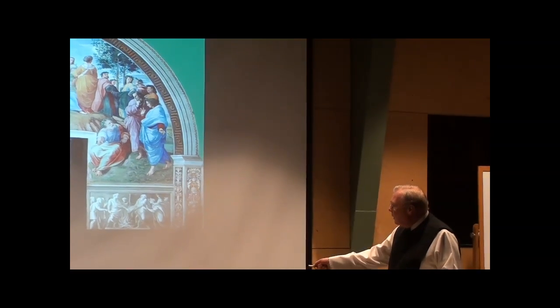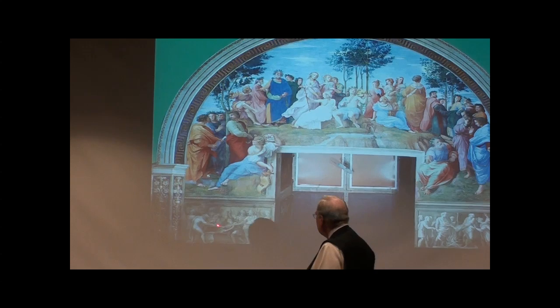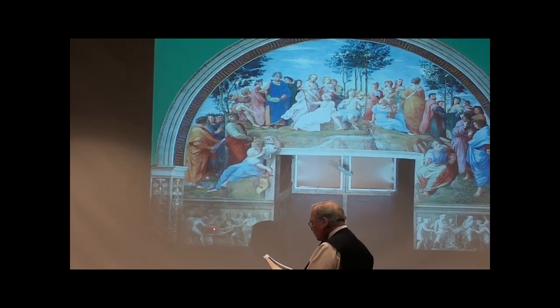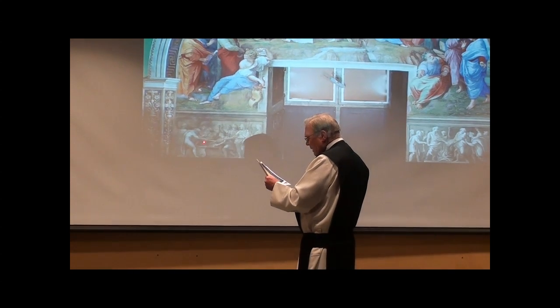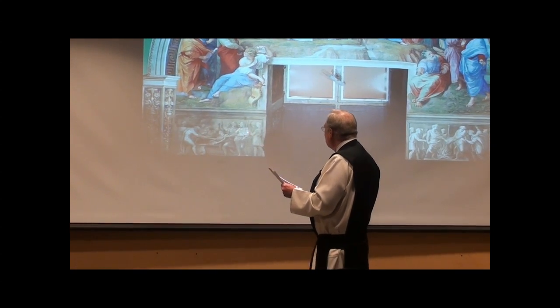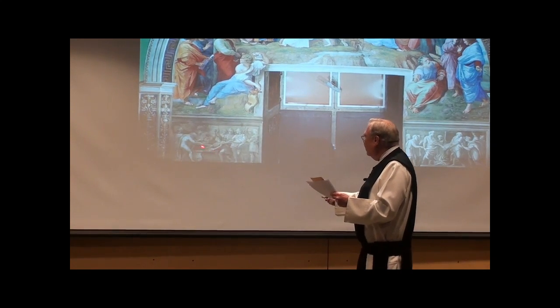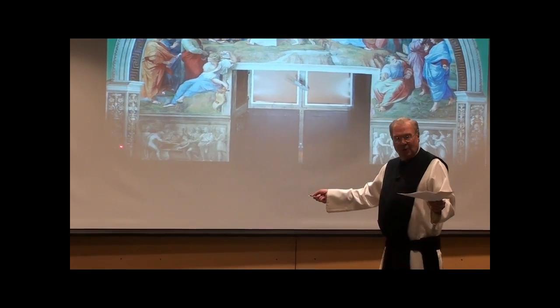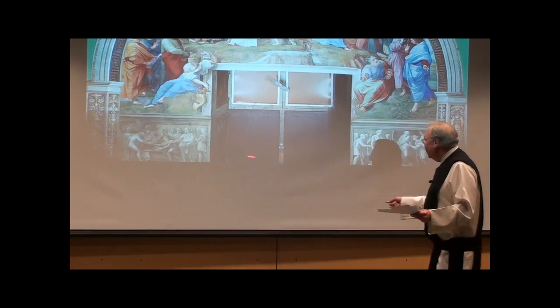And now you can see below it, where you have the door, this is Alexander the Great at the tomb of Achilles. So Homer, in other words, and then Alexander the Great, world conqueror.